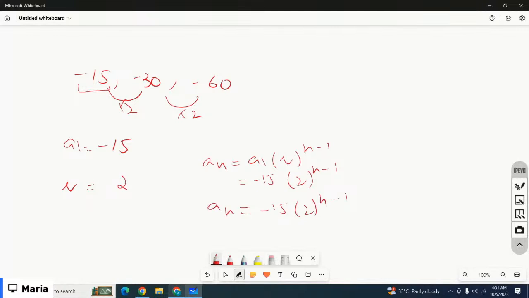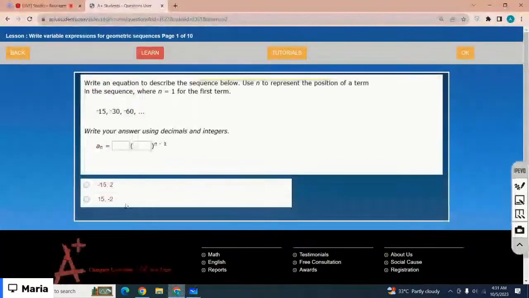That is the nth term of the sequence. Got it? So the correct option is -15 and 2, right?